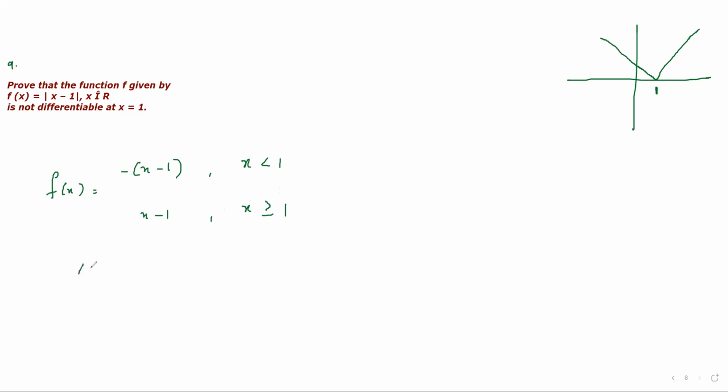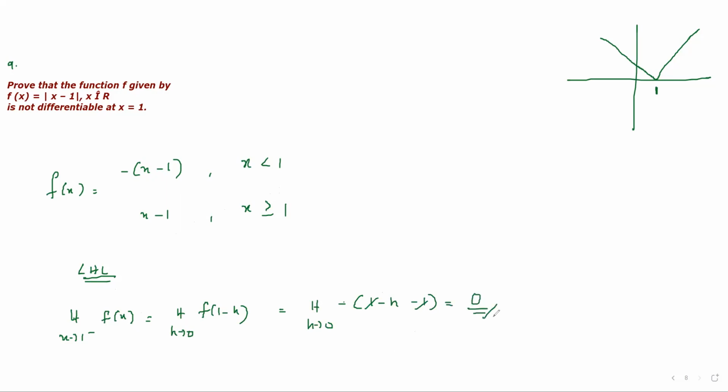Now we will just check for LHL and RHL. What is LHL? Limit x tends to 1 minus f of x, that is limit h tends to 0 f of 1 minus h, that is limit h tends to 0 of minus (1 minus h minus 1). So cancel, and you get 0 for LHL.